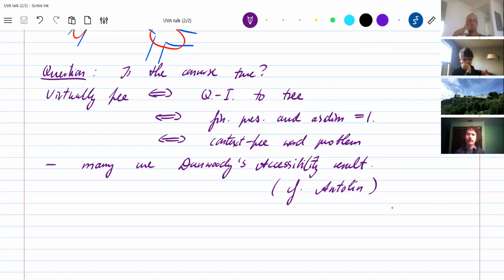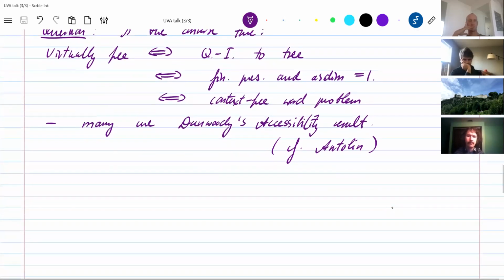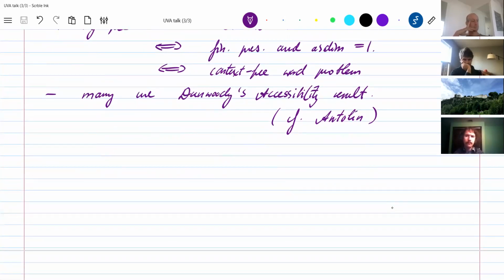Okay, so I'm going to try and answer this question, and for that we need some more established concepts from geometric group theory in order to link them to this relatively new concept of minor exclusion. So let's look at ends and accessibility.